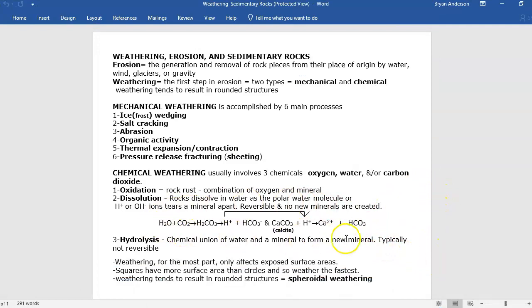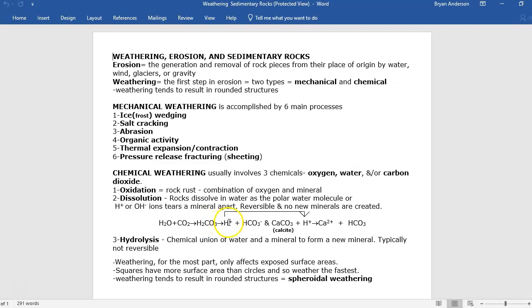So that's what that equation is. Water plus carbon dioxide becomes carbonic acid, the most common naturally occurring acid. That's why I am burdening you with this equation. It doesn't stick around long though.